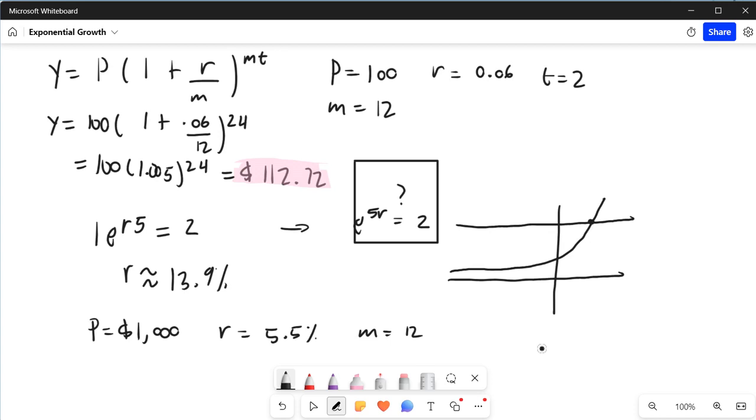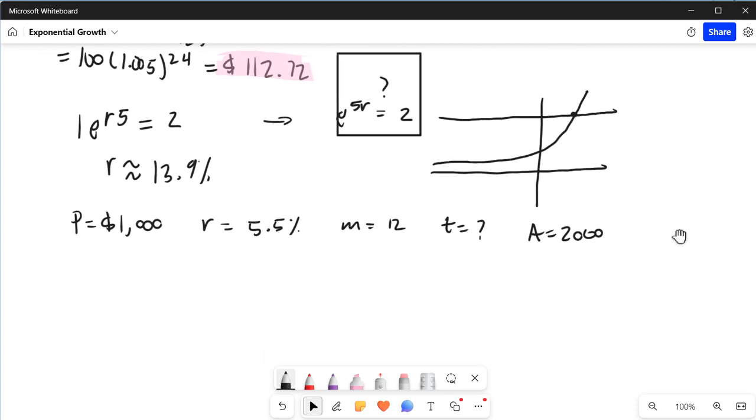If you wanted to find the time such that the accumulated amount was 2,000, we'll see how that's more or less an exponential problem where 2,000 equals 1,000 times 1 plus 0.055 divided by 12, all raised to 12t.